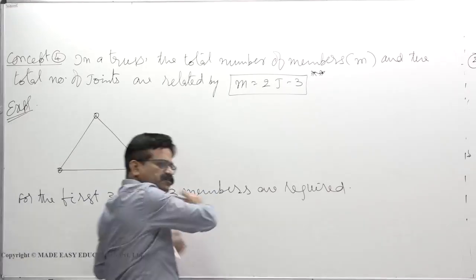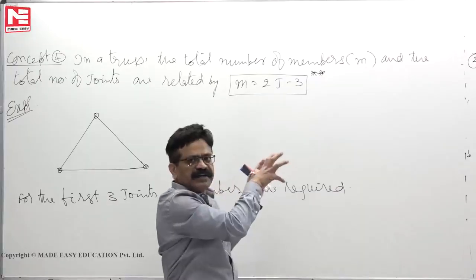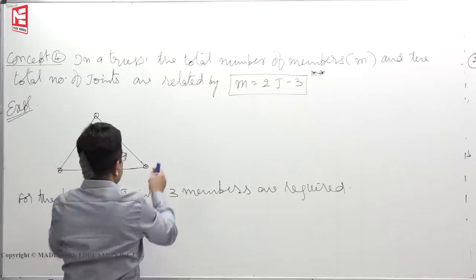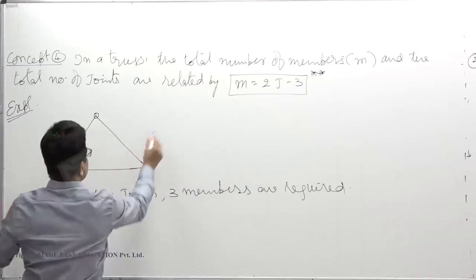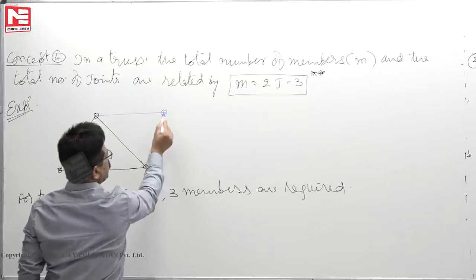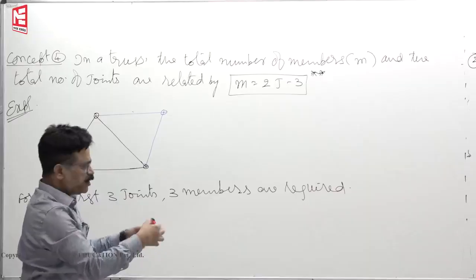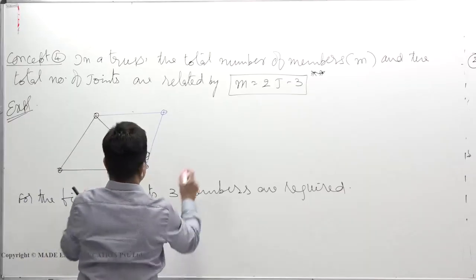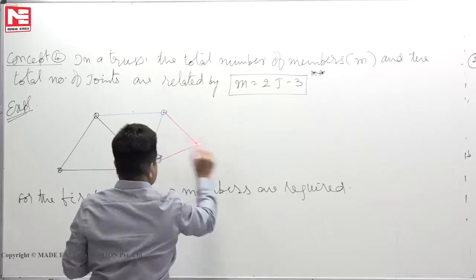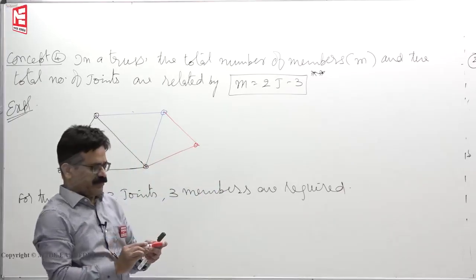If you have a very long truss, let us say, such type of triangulated construction we extend. So now we want to build one more panel, let us say. Then what will happen? For this joint, two members are required. One more I want, let us say, another two members. Such construction we call it as simple truss construction.